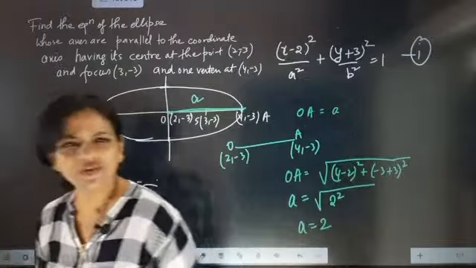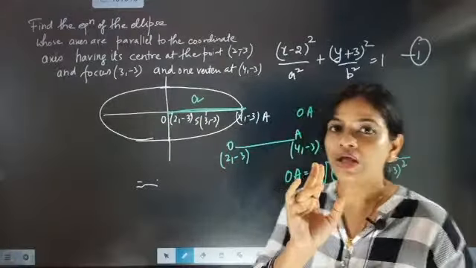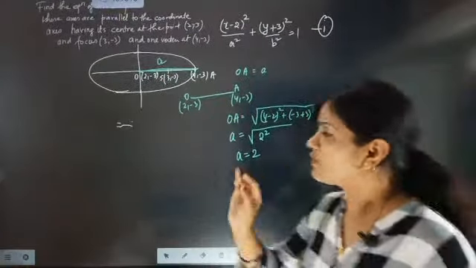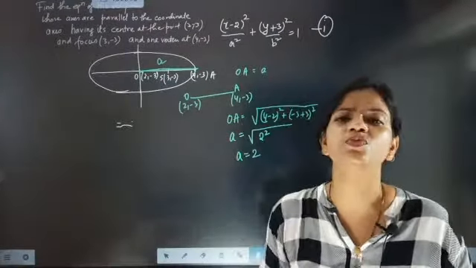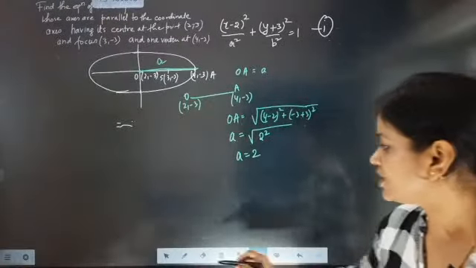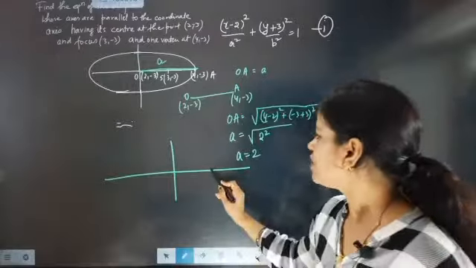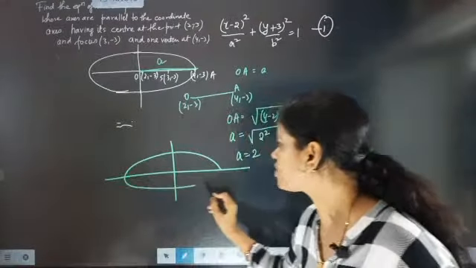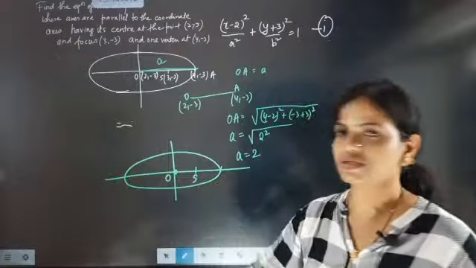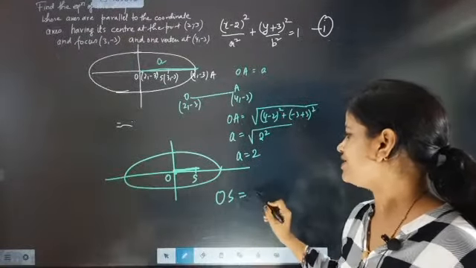Anyone having a problem in this? So once we got A equal to 2, now another big content. Our basic information about the ellipse will always help to solve the questions of ellipse. Another important jackpot point from when we were studying the ellipse: from the center to the focus, OS is nothing but AE.